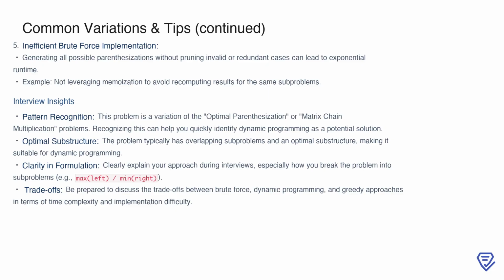During interviews, it's crucial to clearly articulate how you break the problem into subproblems. For example, you might identify the optimal strategy as something like maximizing the left partition while minimizing the right. Finally, be prepared to discuss trade-offs between different approaches, such as brute force, dynamic programming, and greedy heuristics, in terms of both time complexity and implementation challenges.